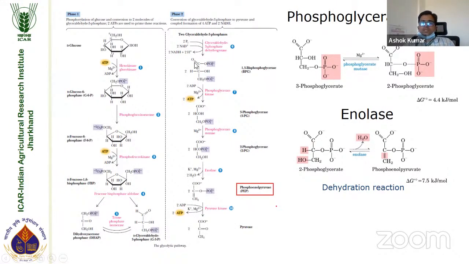Further, in the energy generation phase, first we get two molecules of NADH, then two molecules of ATP, and finally you have pyruvate kinase, which converts phosphoenolpyruvate into pyruvate. Here also you will be producing two molecules of ATP.